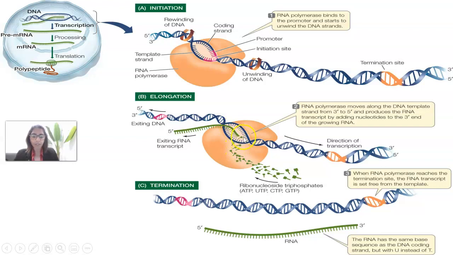So we have RNA nucleotides binding, forming hydrogen bonds with the DNA template, while the covalent bonds are forming along the backbone. Once we have that completed backbone forming, the hydrogen bonds between the RNA and the DNA break, and eventually we have a completed mRNA strand, which will then leave the nucleus via a nuclear pore.